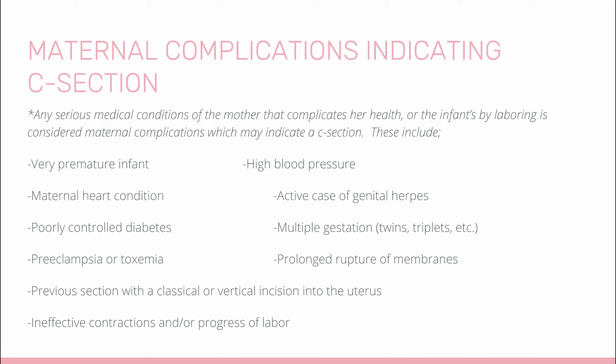So these include a very premature infant, maternal heart condition, poorly controlled diabetes, preeclampsia or toxemia, a previous section, that means a C-section, with a classical or vertical incision to the uterus, ineffective contractions and/or progressive labor, high blood pressure, active case of genital herpes, multiple gestations, so twins, triplets, etc., and prolonged rupture of membranes. And these are all things that you may want to bring up with your healthcare provider and talk to them about what they would do in these circumstances and if you're at risk.